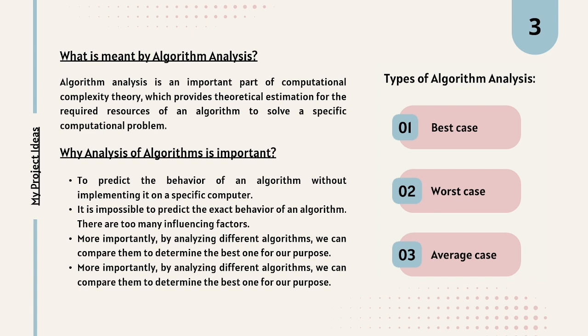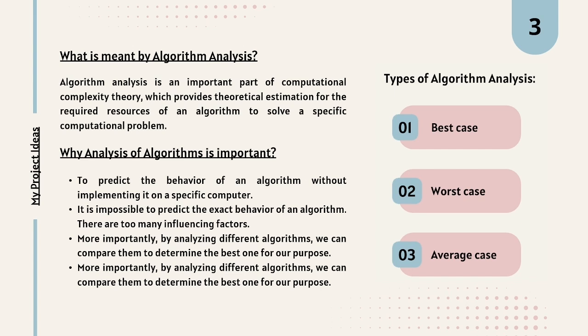So when you are going to run a program, you need to estimate the number of resources it is going to require, and how much time it is going to take. Is it worth it for the working of the project or not? That can be determined by algorithm analysis.